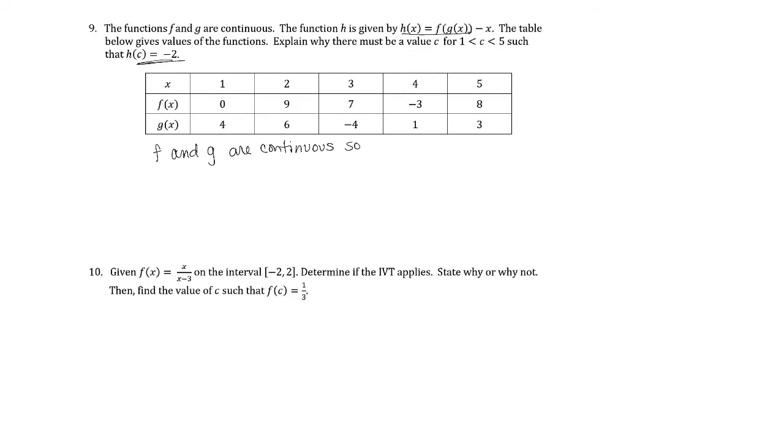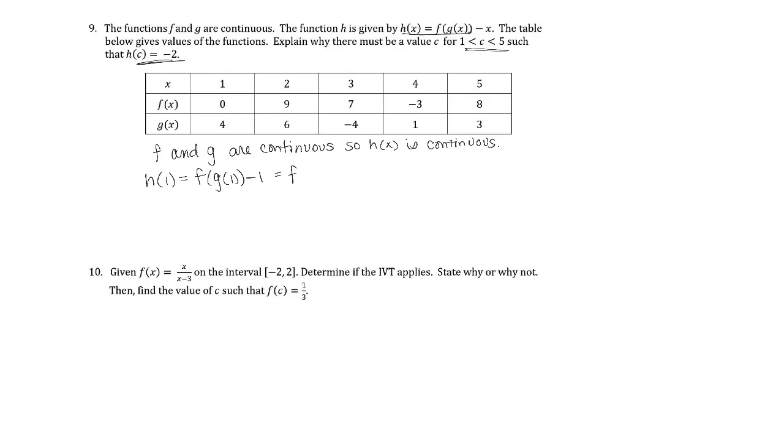So h at x is also continuous. Okay, and now we need to check our endpoints here. So we need to look at h at 1, which is going to be f of g of 1, minus 1. And you go through and read your chart.